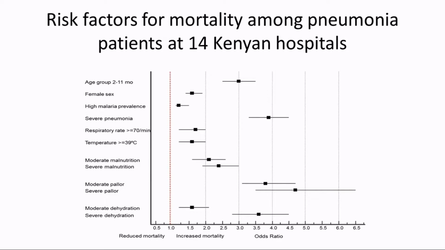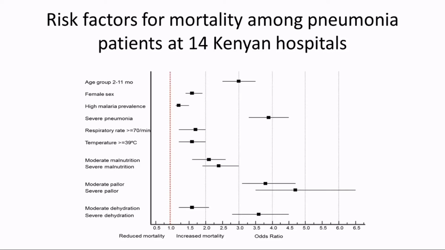So I'm in the process of conducting an analysis using data from 14 Kenyan hospitals which form part of the network, looking at children with pneumonia. So over a 2-year period, I've managed to extract data from 17,000 cases of pneumonia admitted at these 14 hospitals and attempted to look at the risk factors for mortality within this population.